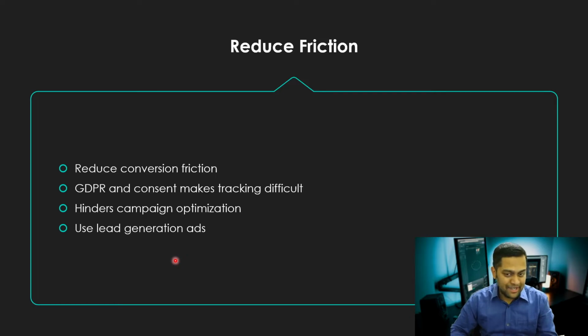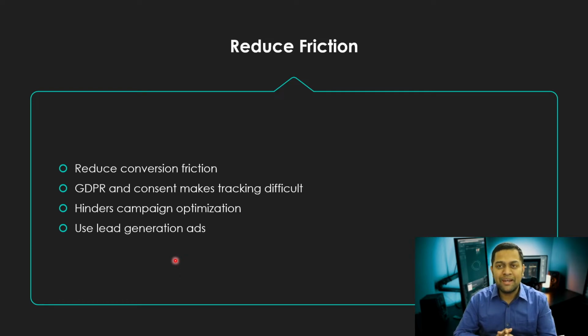You cannot ask every single detail about a potential lead just to give them a free downloadable or access to a video. So reduce friction, especially when you are in a B2B business and targeting your ads towards decision makers. These are managers, directors, vice presidents, CFOs, CEOs. They don't have time to fill a long form. So why don't you reduce friction?